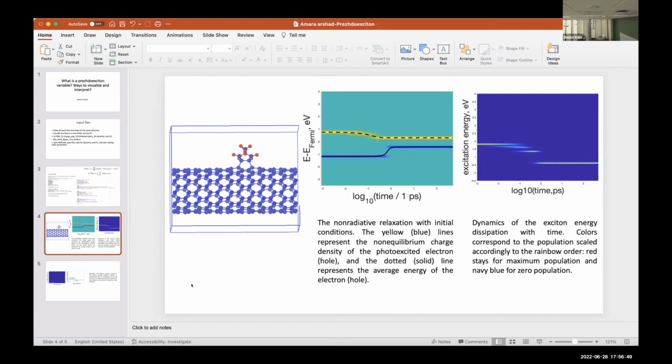Can you please bring your cursor to the defect, to the molecule absorbed on the surface? So there are two carbon-carbon bonds that define this model, right?